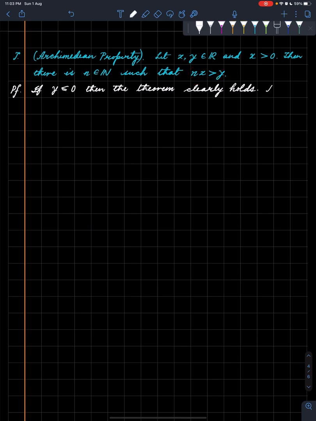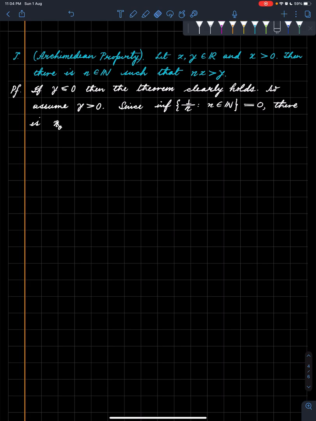So we may assume y is positive, and now since the infimum of this set, as we just showed, is 0, there is some natural number, let me call that n0, such that one upon n0 is smaller than x upon y.